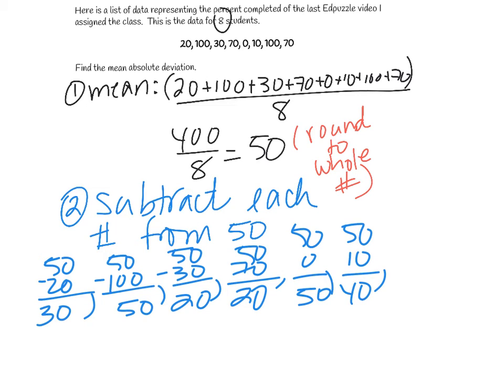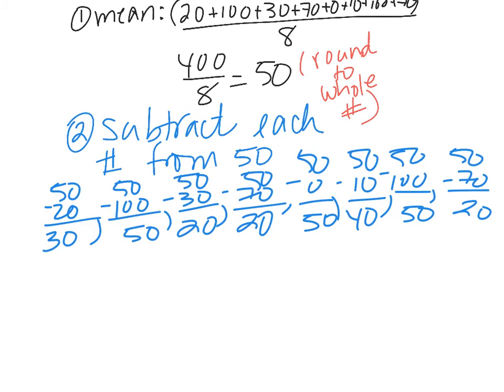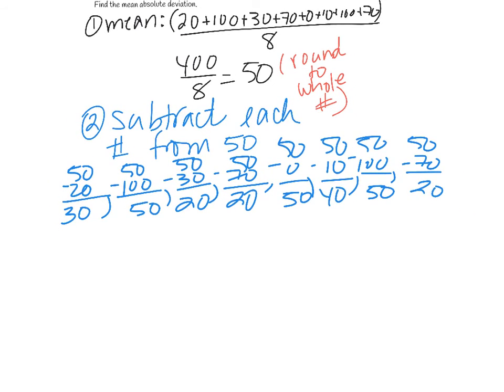The distance between 50 and 100 is 50. These are all subtraction problems. And the distance between 50 and 70 is, again, 20 units. Okay, so that's step 2, so a little bit of subtraction.